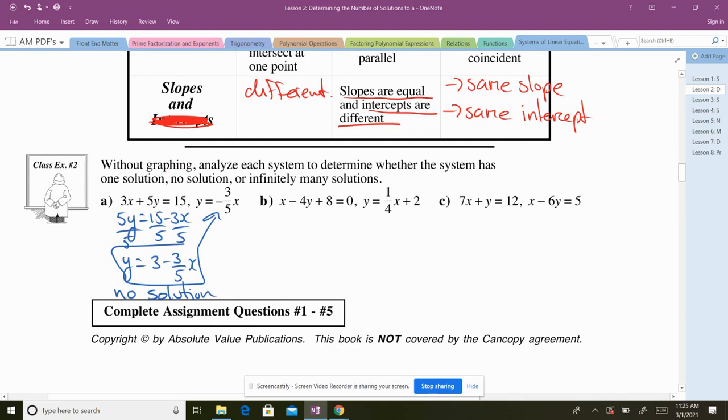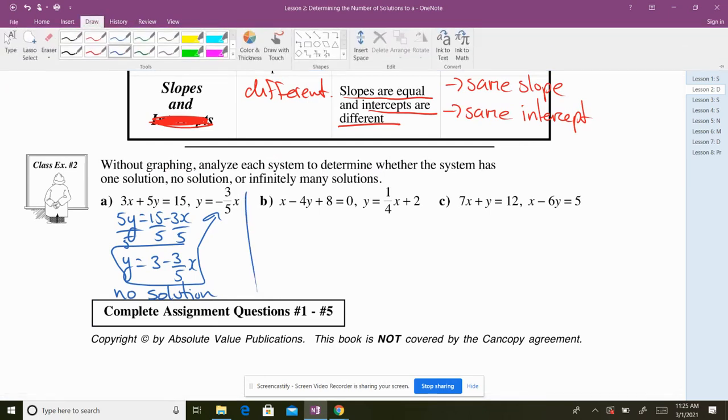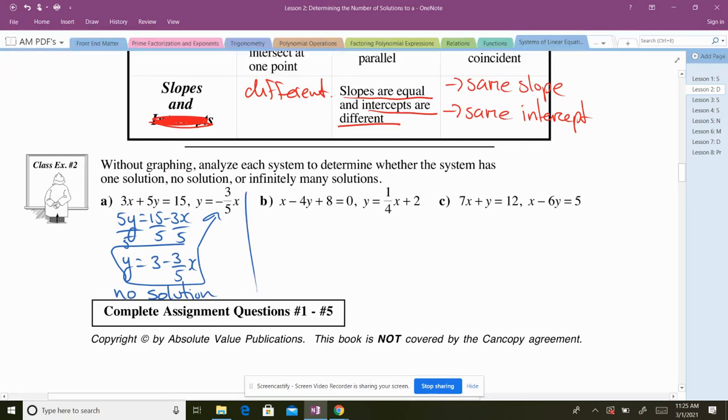All right. B. What do we have to do? Convert it into y equals mx plus b. So I'm going to move the 4y over here.